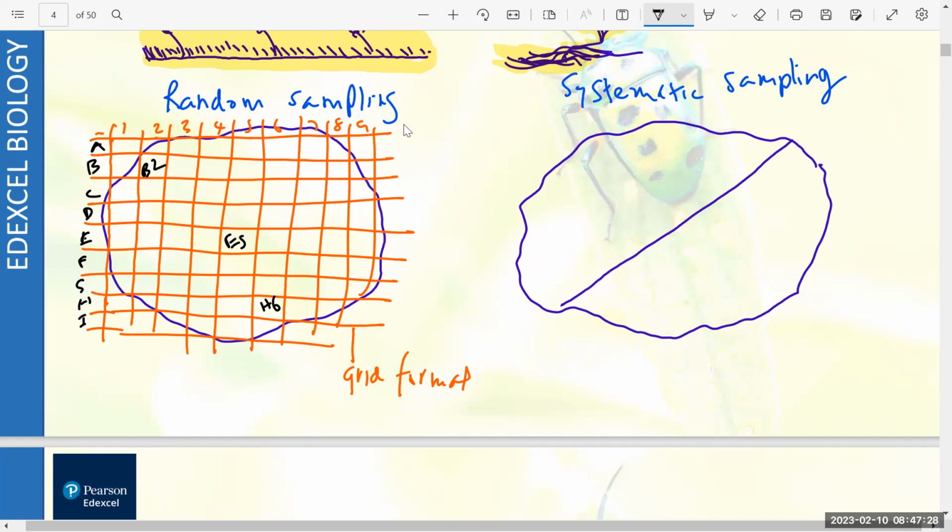So map the area, place the grids, give names for the grid.